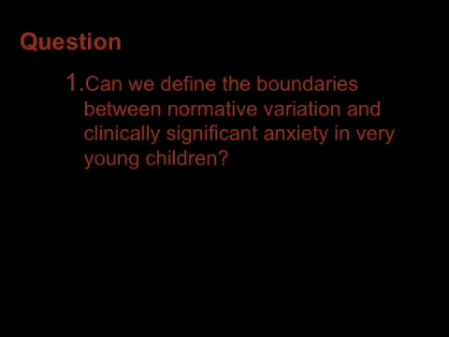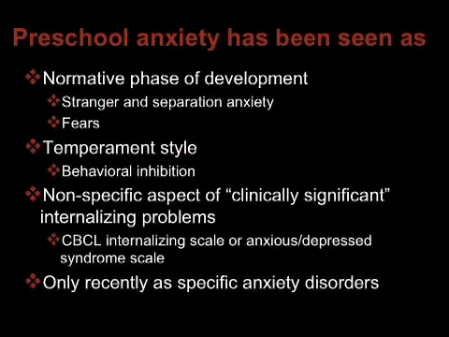So first, we're going to ask this question. How do we define the boundaries between normal variation and clinically significant anxiety in young children? Now, preschool anxiety has been looked at mostly as either a normative phase of development, and so we know that commonly very young children will have stranger anxiety or will have some kind of separation anxiety where they don't want to be away from their mother.